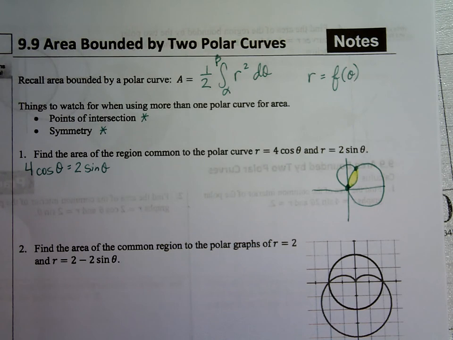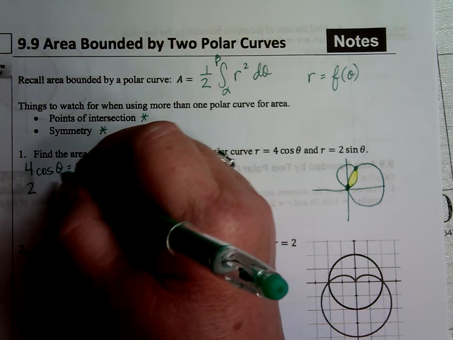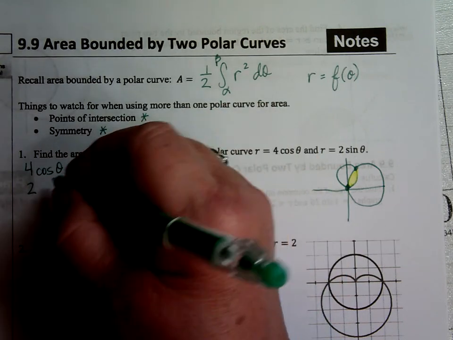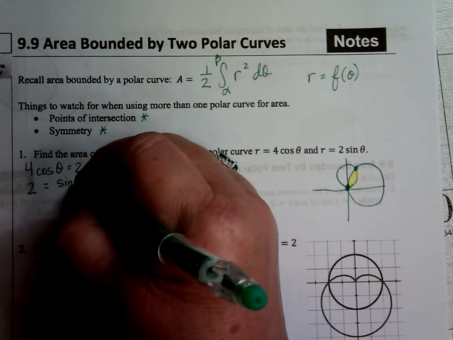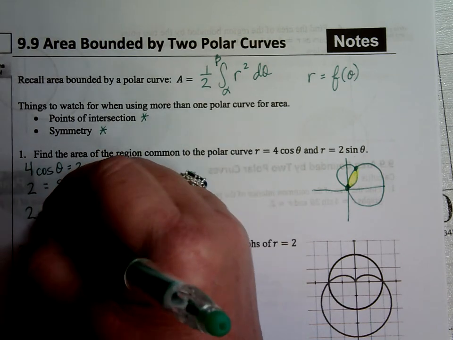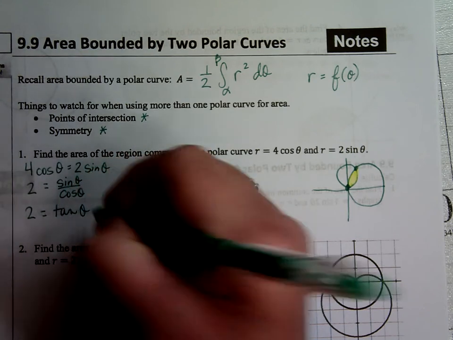All right, well, let's think about this. If I divide 4 by 2, I get 2. And if I divide by cosine, I end up with sine over cosine, or 2 equals the tangent of theta.